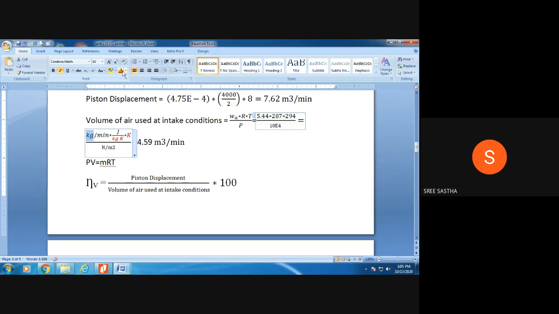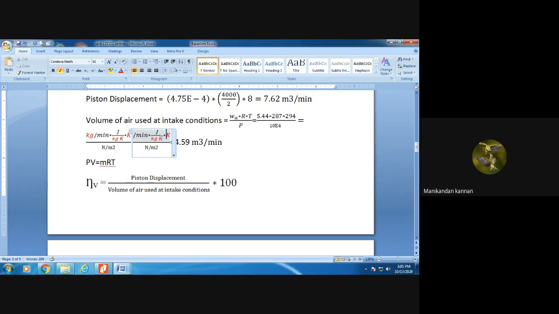So now we will be having joule per minute divided by Newton per meter square. Let me type it again. Kilogram cancel.